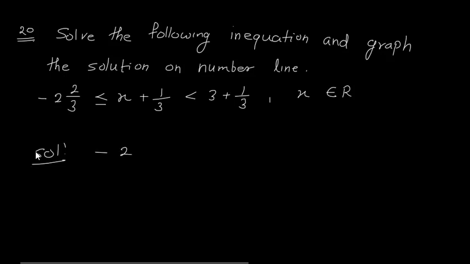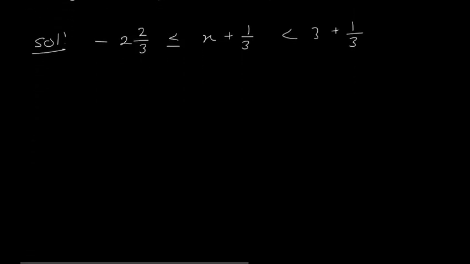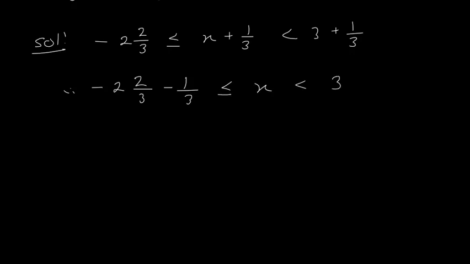So first thing we can do, we can subtract 1 by 3 from each side. So therefore we have minus 2 by 3 minus 1 by 3, less than or equal to x, less than 3 plus 1 by 3 minus 1 by 3.